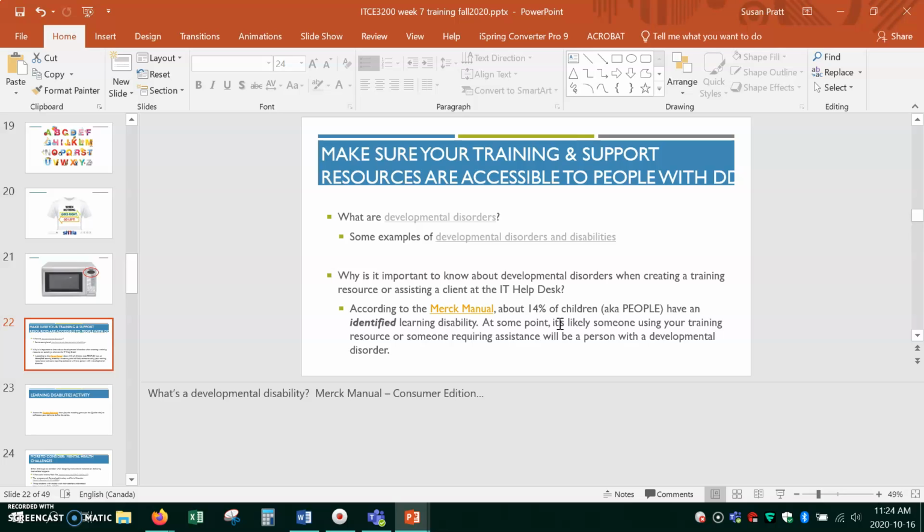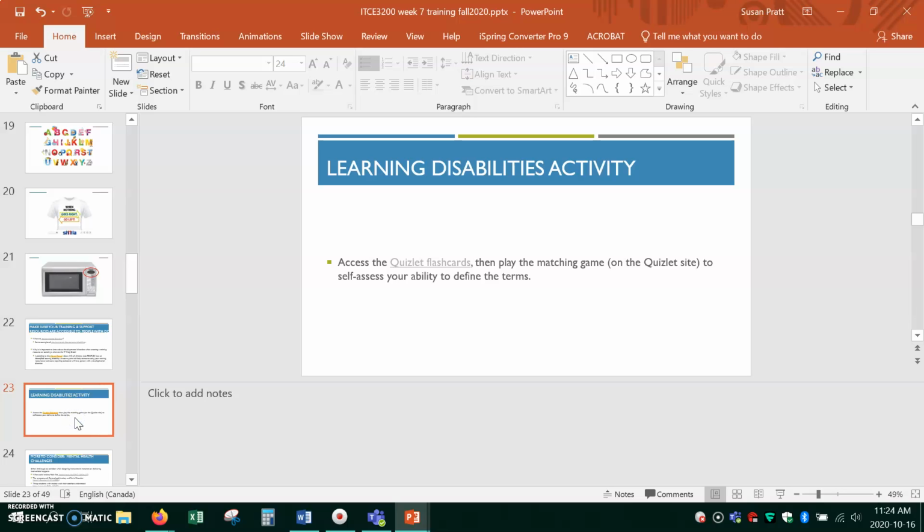So there's probably even more people. So you want to make sure that 20%, I don't know, even if we go with 14% of the people using your resources will be able to access them. You want to do something to help them. So I encourage you to do this little Quizlet flashcards and play the matching game so that you're aware of what some of the more common developmental disabilities are.